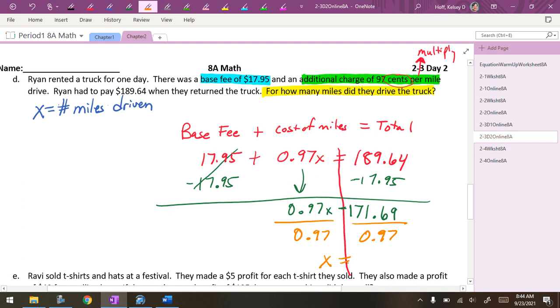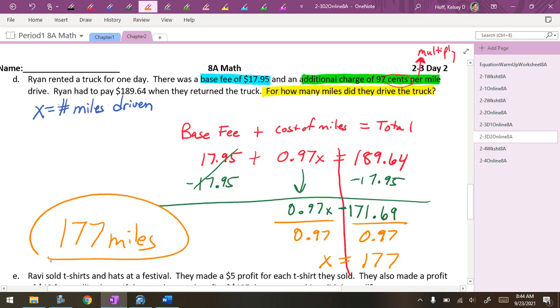So I subtracted 17.95 from both sides, and I got 171.69. Anybody double check me on that? Because I did it in my head. Is it 171.69? Yes. And then I divide by 0.97, and I get 177. 177 what? Miles driven. 177 miles. No, because that stands for milliliters. You can handle 5 letters. Miles.